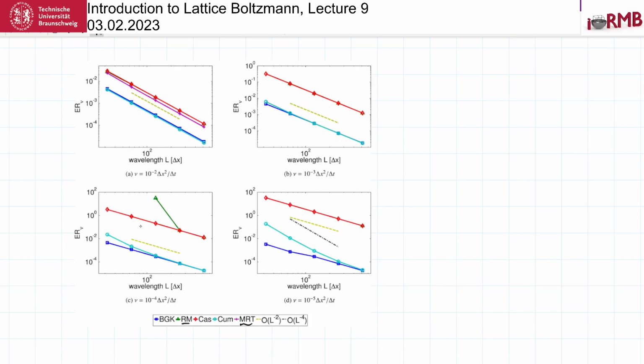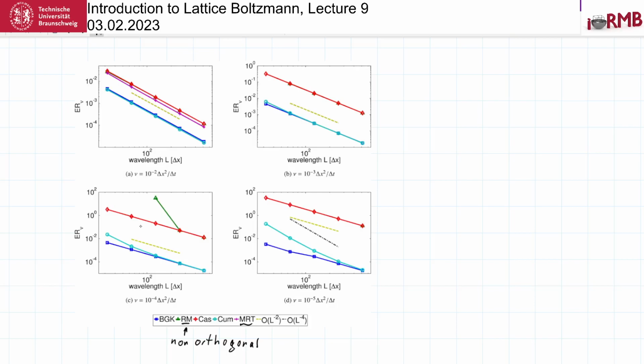This here, RM, is raw moments. This is non-orthogonal. We are just not using orthogonality.